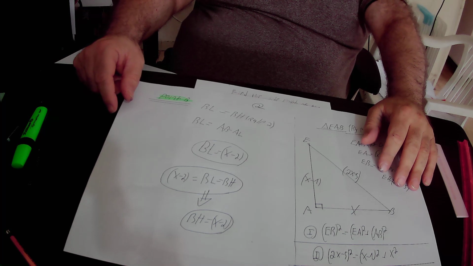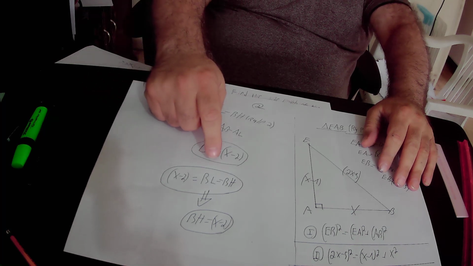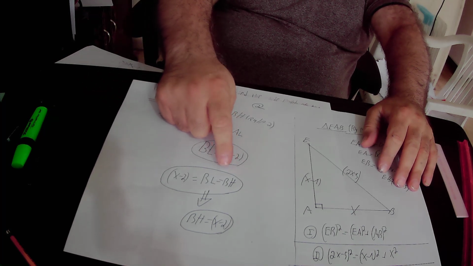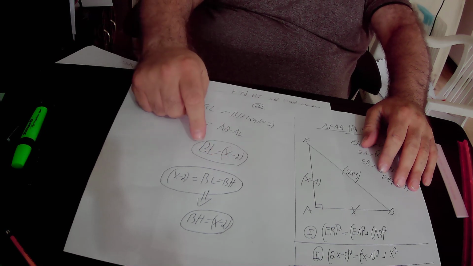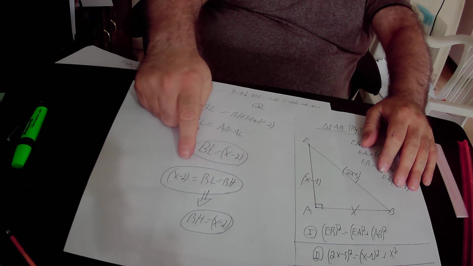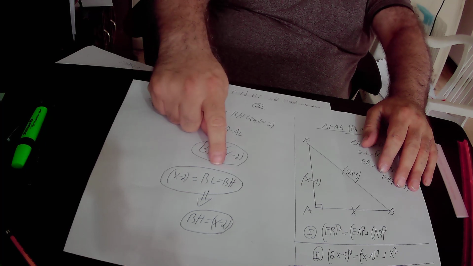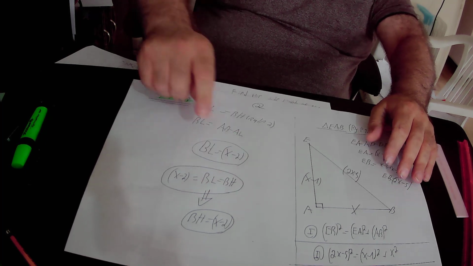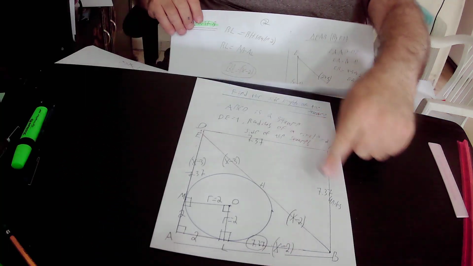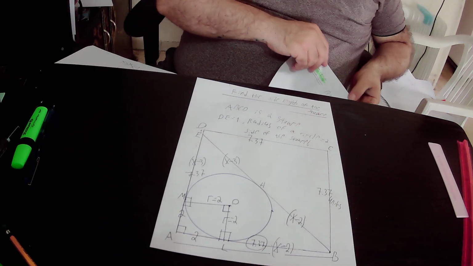So according to rule number 2, BL equals BH. And we just now found out that BL equals x minus 2. So from this equation, x minus 2 equals BL equals BH, we derive that BH is also equal to x minus 2.